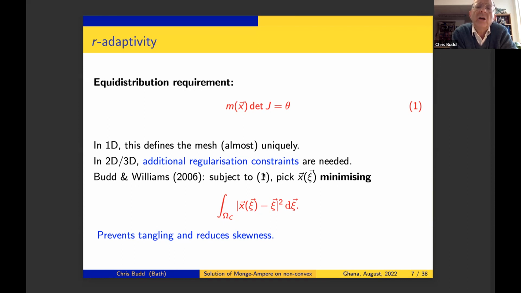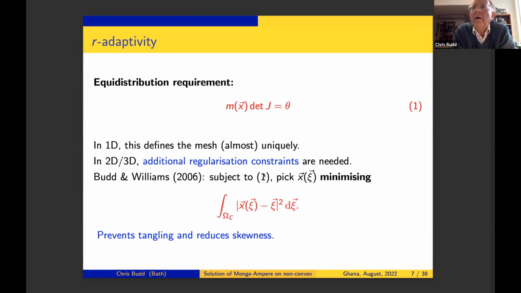If we're trying to find a mesh which is close to uniform, the uniform mesh is untangled, and therefore we would expect the mesh we come up with also not to have tangling. Secondly, a uniform mesh is not skew, so we would expect the mesh that we get not to be skew. So those are two things you might immediately expect. Now we can make this completely rigorous, but immediately you can kind of see the virtues of this idea.